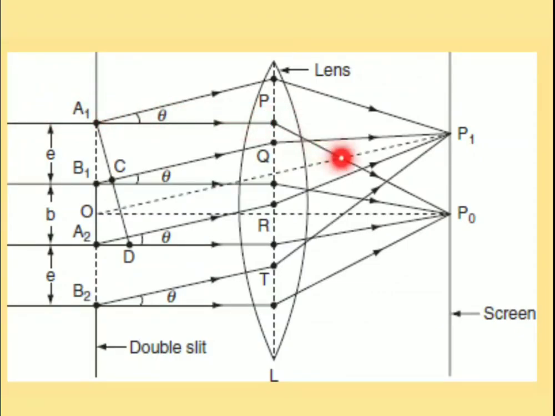These rays meet at a point P0 on the screen. Since they travel in the incident ray direction, they meet at P0. At the point P0 the intensity is maximum, which is called the central maxima or principal maxima.